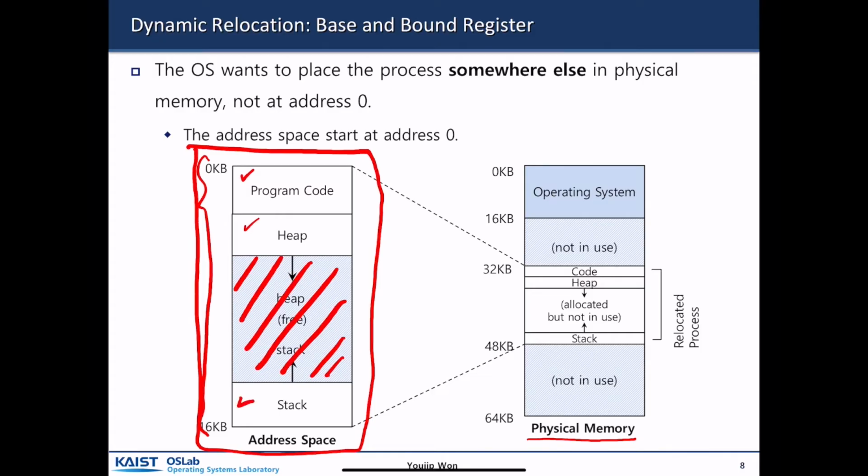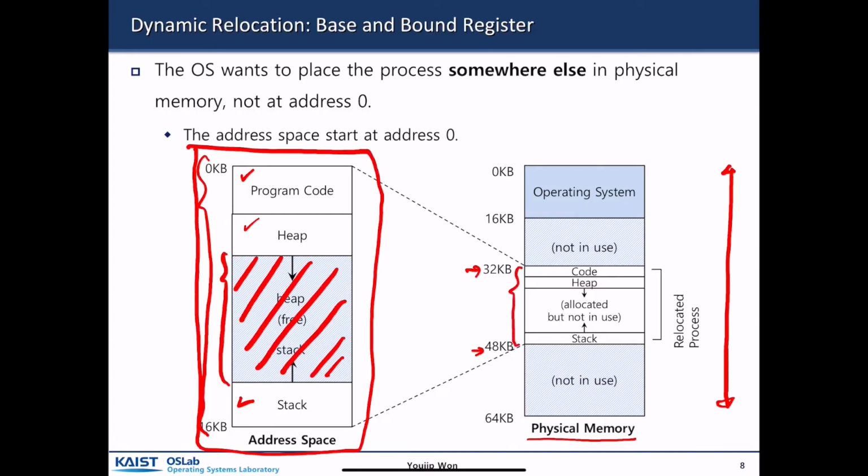And a dominant fraction of the virtual address space was free. However, in the very early days, the operating system allocated the entire virtual address space for a process. So here, in this 64 kilobyte physical DRAM, the operating system finds 16 kilobytes of free memory chunk starting from 32 to 48, and then it allocates the virtual address space for this process.